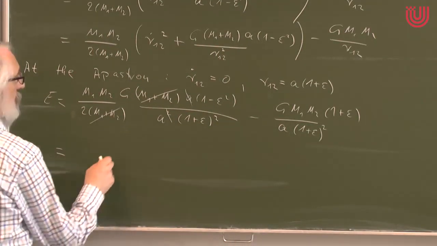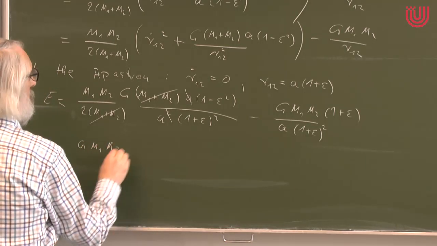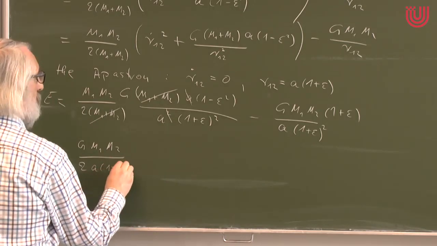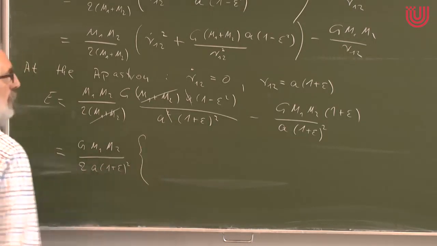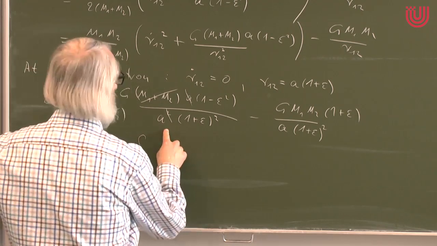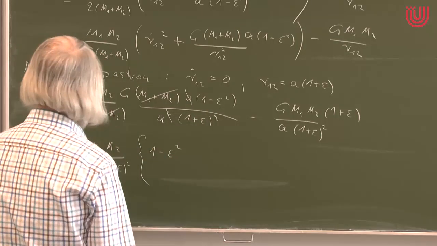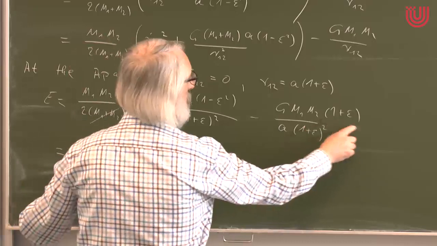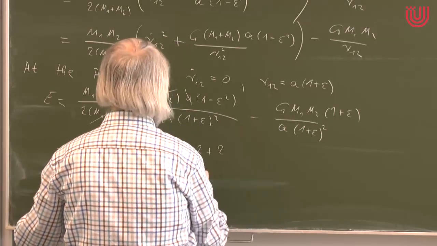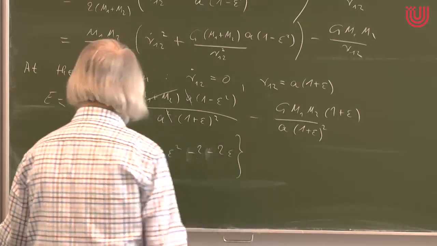Then I take G M1 M2 divided by 2A times (1 plus epsilon) squared out of the bracket. Then what is left here is just 1 minus epsilon squared, right? And here I have this factor of 2 times this here. So I have plus 2, no, there's a minus in front. I have minus 2 epsilon. Okay?